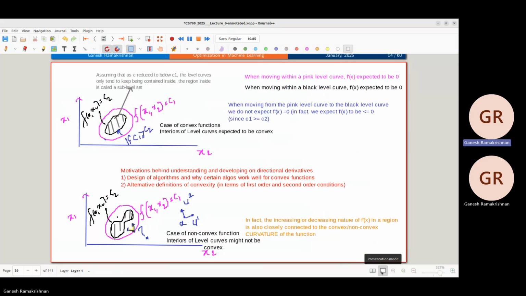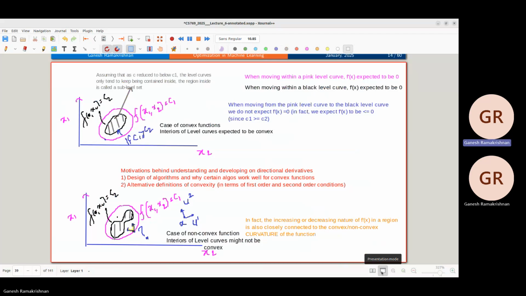So see here, the function was all shown in R3, but imagine that I start looking at the so-called level curves. I'm now going to zoom into the x1, x2 plane, and just projecting this here, looking at basically how the function is changing.